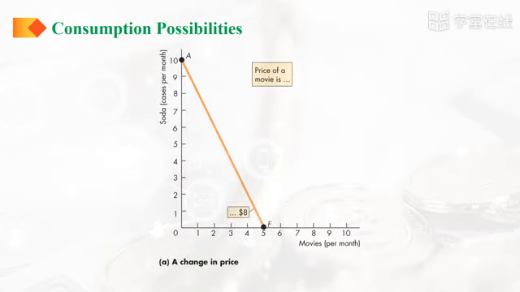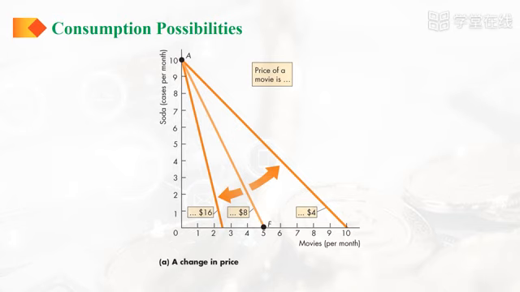If the price of a movie increases to $16, then the budget line rotates inward. If it decreases to $4, the line rotates outward. When the price of a movie increases, the relative price of a movie becomes more expensive compared to soda. The magnitude of the slope is higher and the line becomes steeper than before.